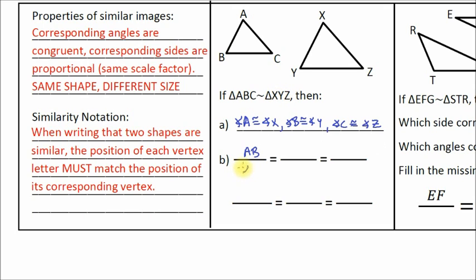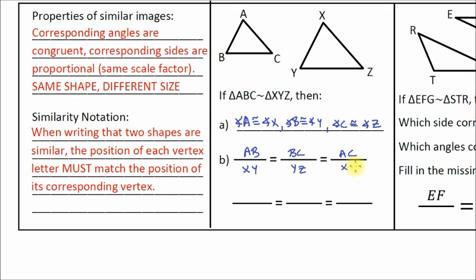It's going to be XY. And then we know that the last two positions, B and C, they have to correspond to the last two letters of the second triangle in the similarity notation. That's going to be corresponding to YZ. And then the final combination is A and C, the first and the last, AC, and that is going to correspond to XZ.